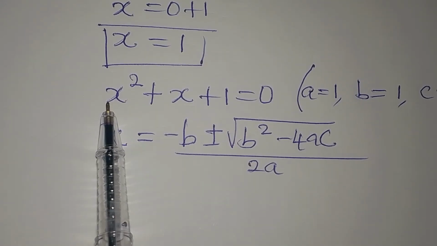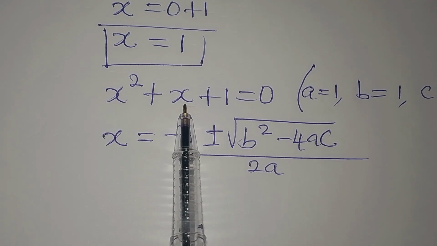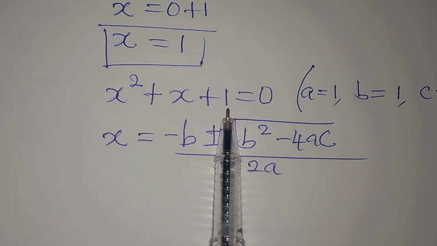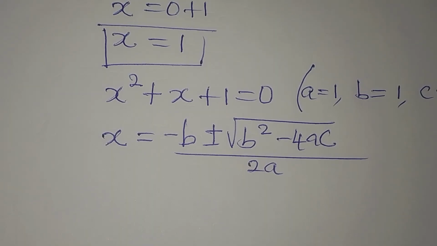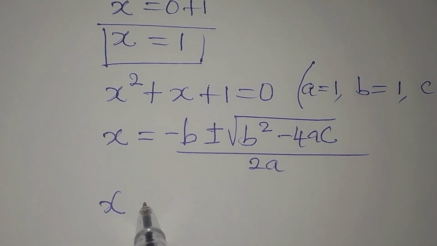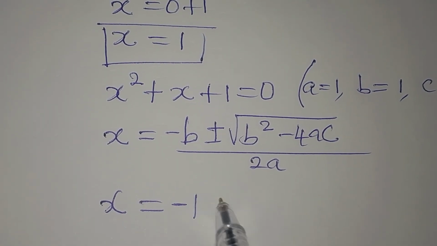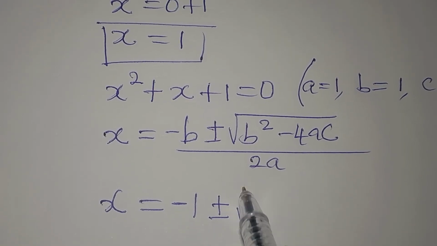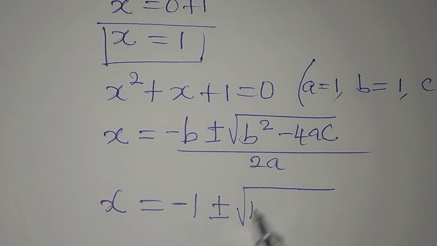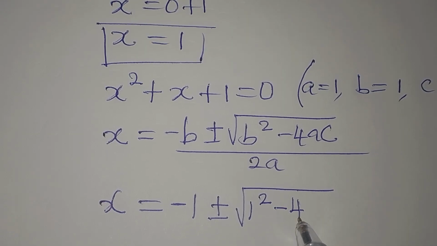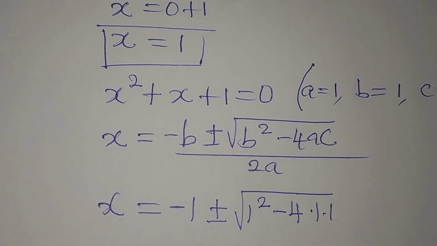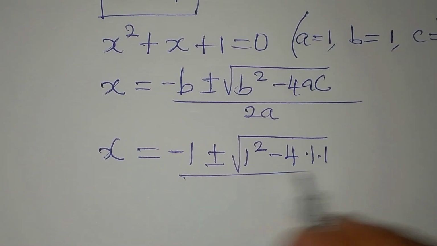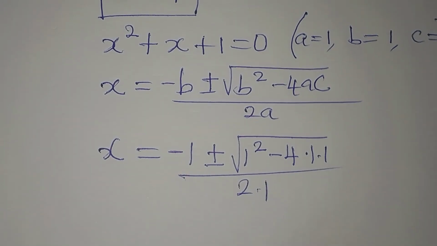A is the coefficient of x squared, b is the coefficient of x, c is a constant, so everything is 1. So x will now be minus 1 plus or minus the square root of 1 squared, minus 4 times 1 times 1. So we divide by 2 times 1.